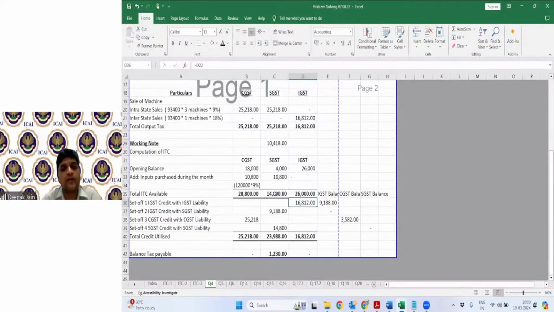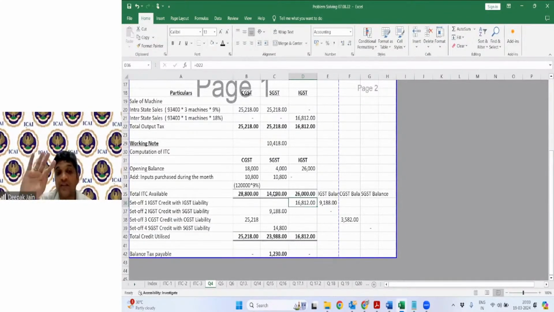So what you're doing, the IGST credit, which is remaining after set off of the IGST liability, you're telling that give me the credit for payment of SGST. Because IGST credit is universal. You can utilize for payment of IGST. You can utilize for making payment of CGST, and you can utilize it for payment of SGST.